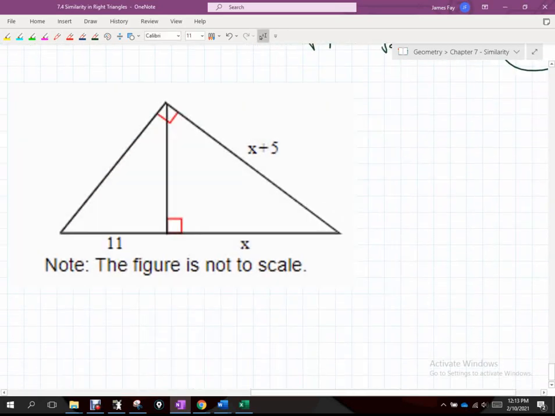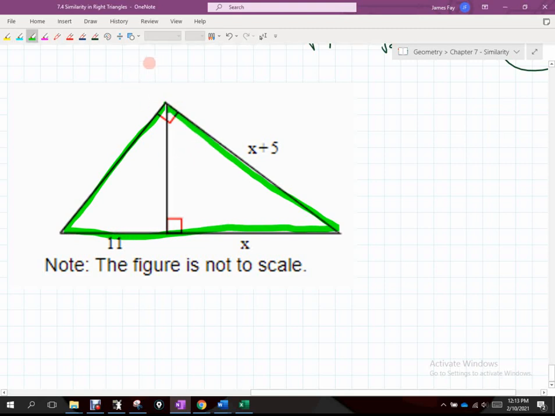All right, so I want you to find x here, okay? So I need to go through and figure out how these three parts that they give us relate to one another. I'm looking at this overall triangle. That's a right triangle.